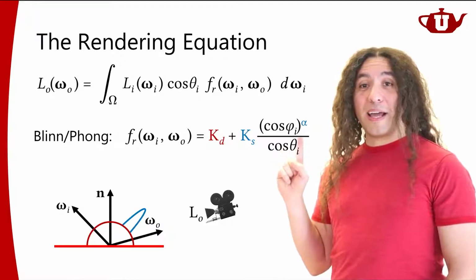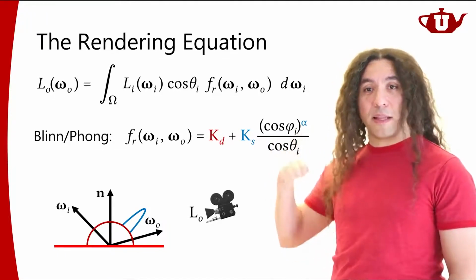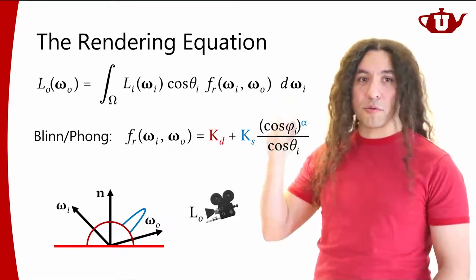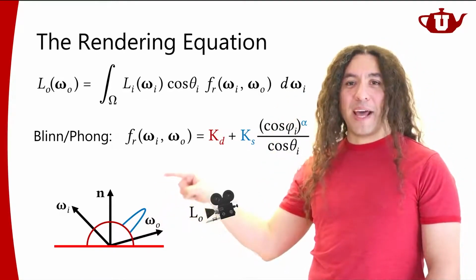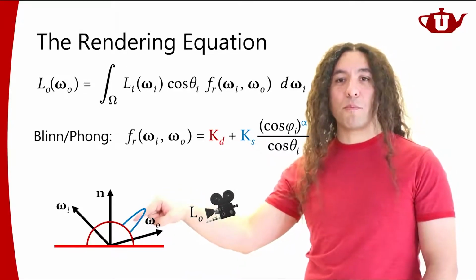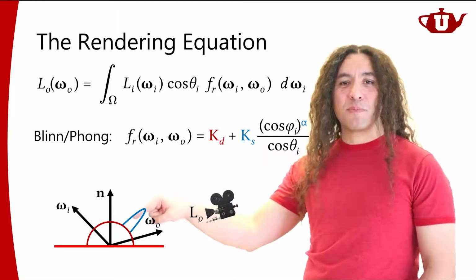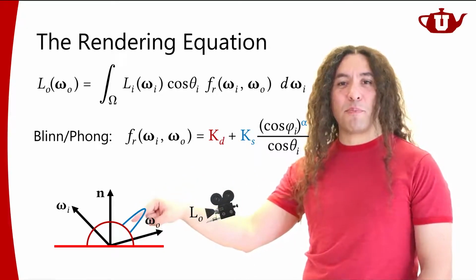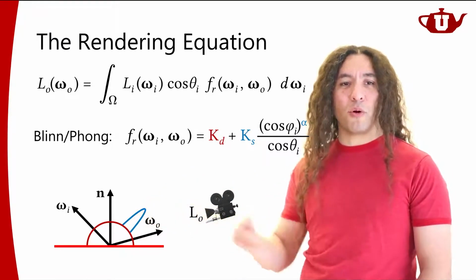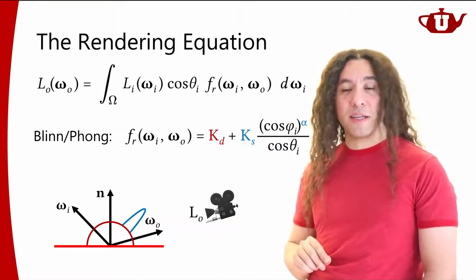But when my alpha is larger and larger, I have a shininess value that's closer to infinity, then I'm going to have a very sharp spike at one point. Not maybe one point, but maybe a sharp spike close to one direction, one perfect reflection direction.